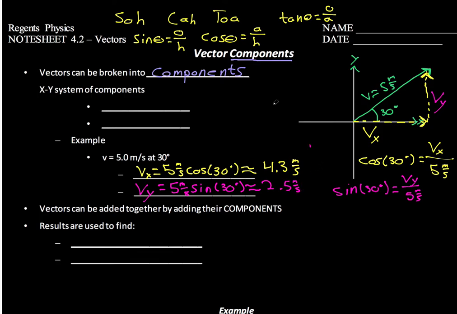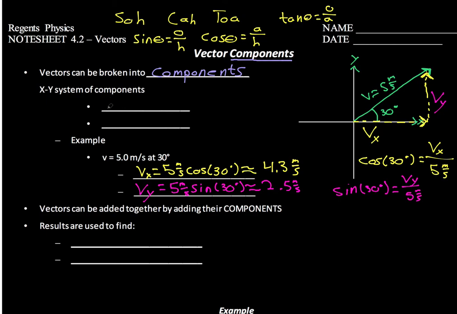So we've gone through this process of applying trig to get our components, and we can actually generalize this, right? We did our original vector times either the cosine or the sine of the angle of the original vector. So that works for any vector actually.